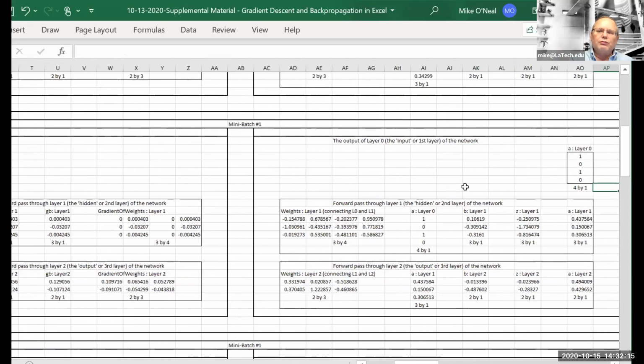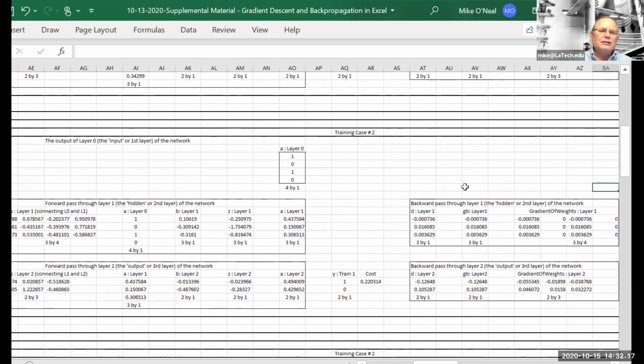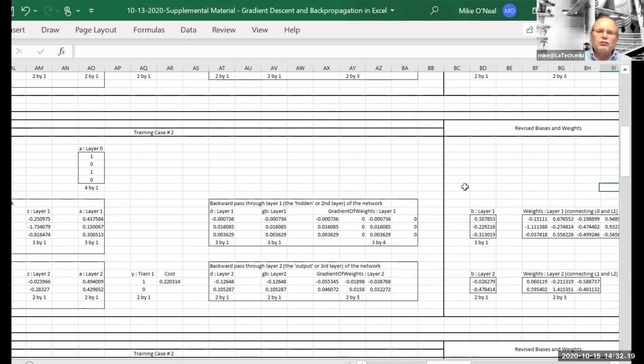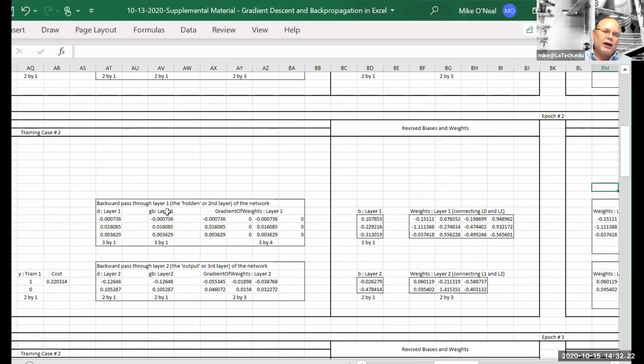Once you've gone through both passes, right, training case 1 and training case 2, you will now have the training case 2 gradients, but we also have the training case 1 gradients, and then you just put them together, right, to get the updated biases and weights. So these won't be gradients anymore. These are biases and weights, right?